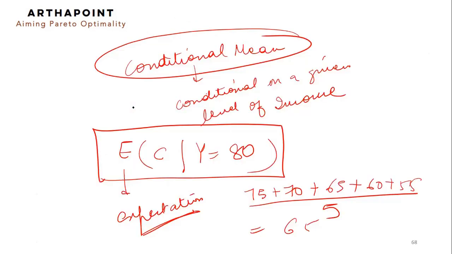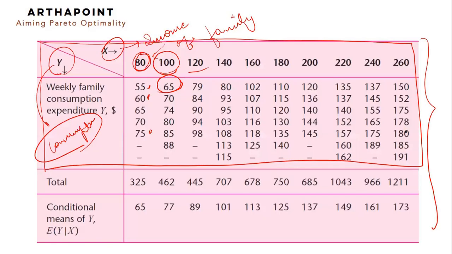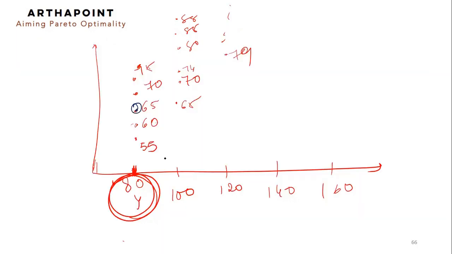Similarly, if I ask you, what is the average consumption given that the income level is 100? So you're going to find the average, but only within the families that have an income of 100. What are those families? These families are the families that have income level of 100. So given that all of these families have income level of 100, what is their average?